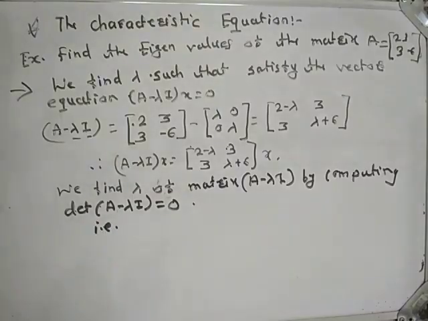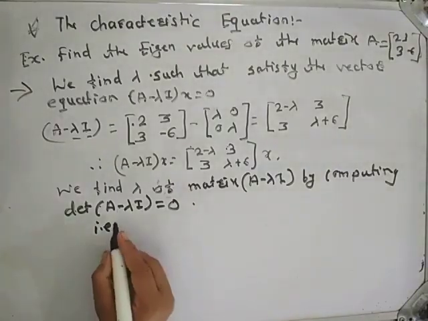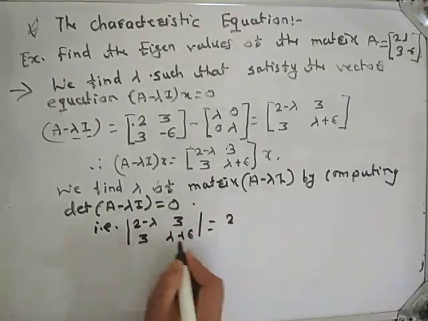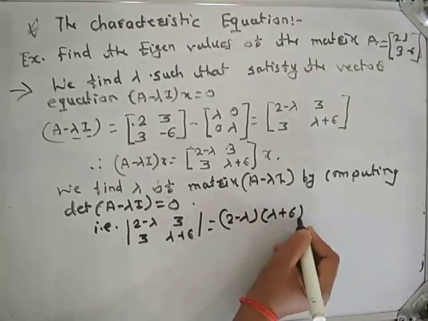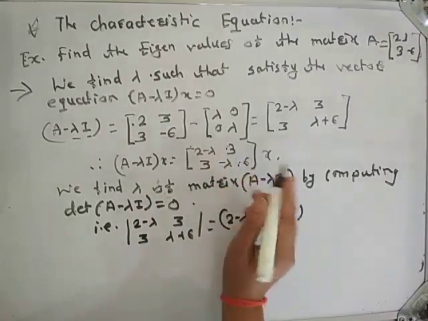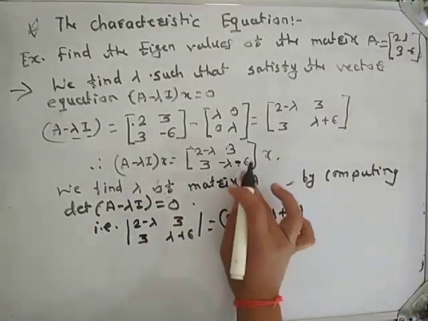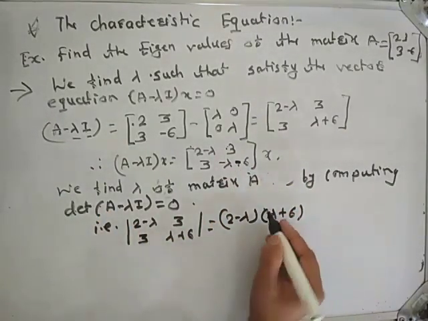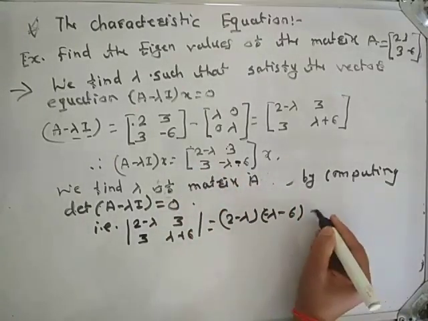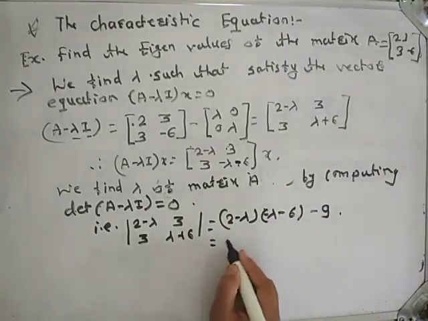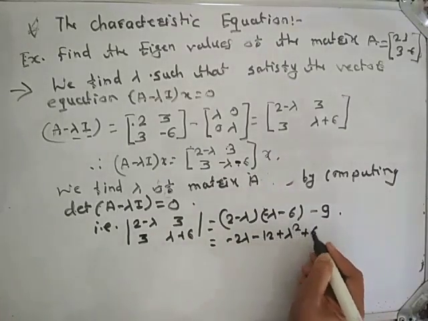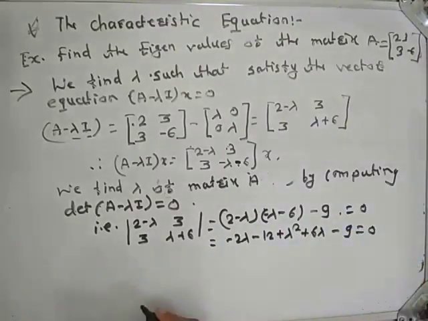That is, the determinant of [2 - lambda, 3; 3, -6 - lambda]. This equals (2 - lambda)(-lambda - 6) - 9, which gives -2 lambda - 12 + lambda square + 6 lambda - 9 = 0.